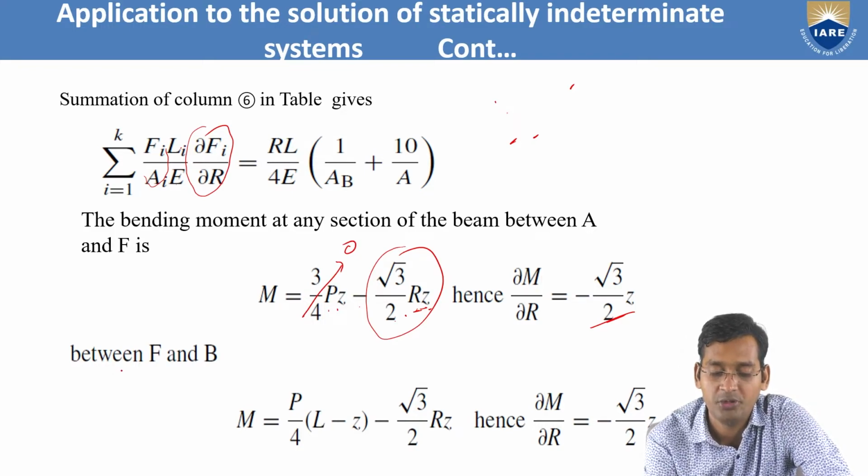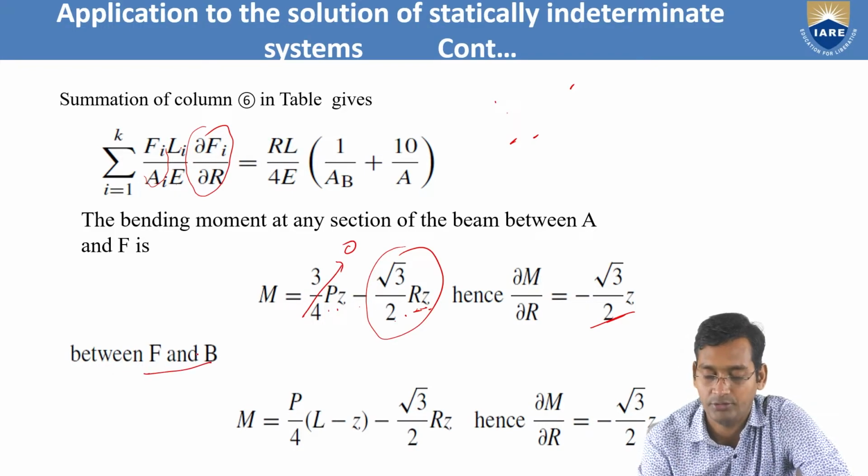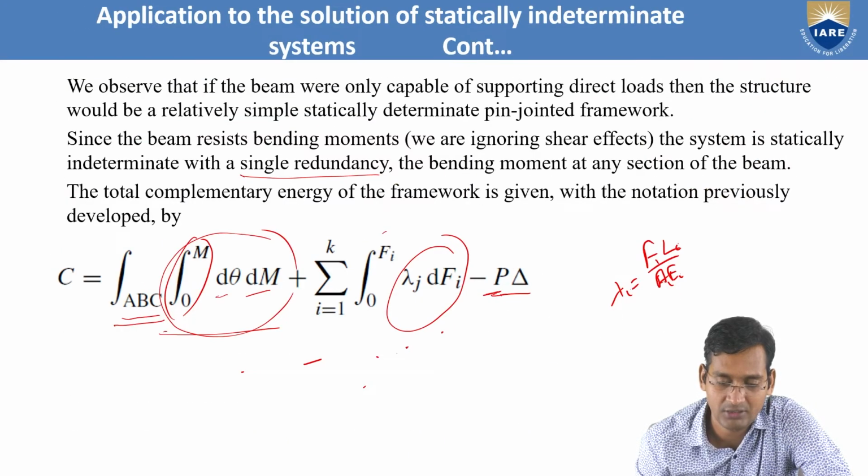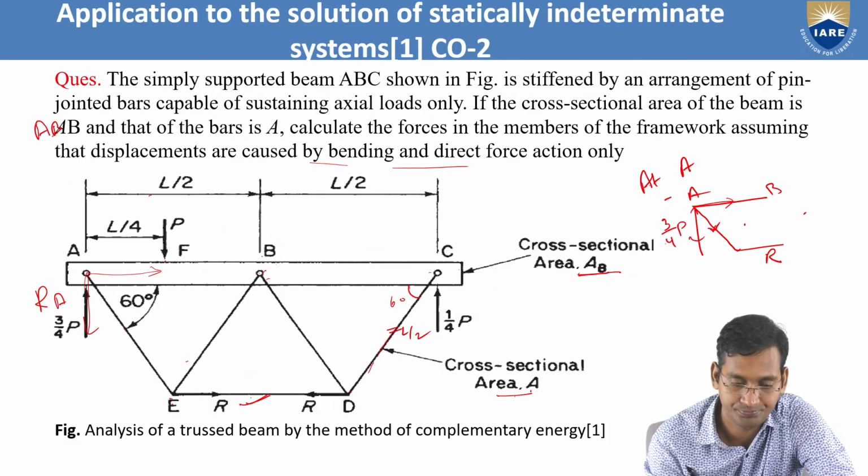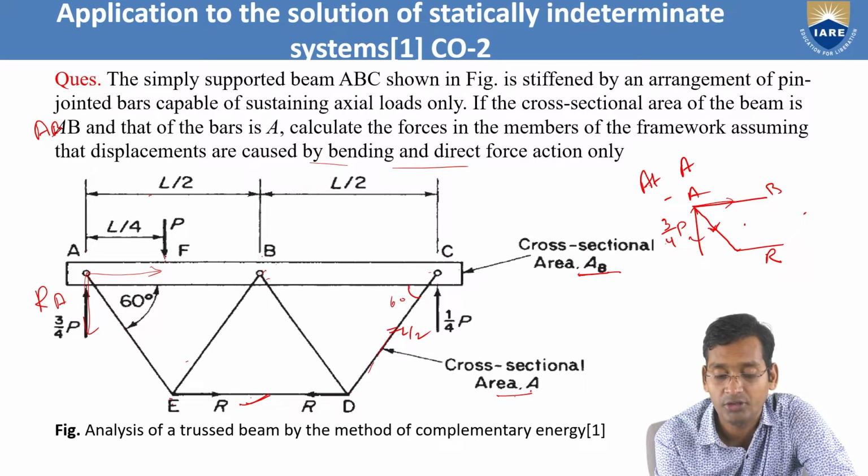Next, between F and B we have to find. So between F and B, let's see the image. Now from here to here we have to find. So this time what will be the Z?